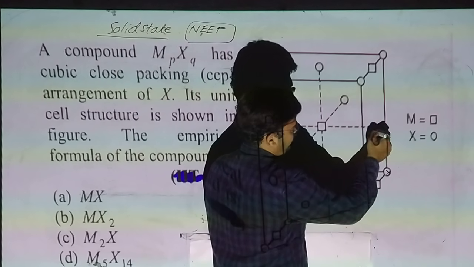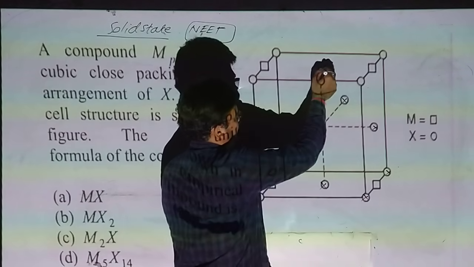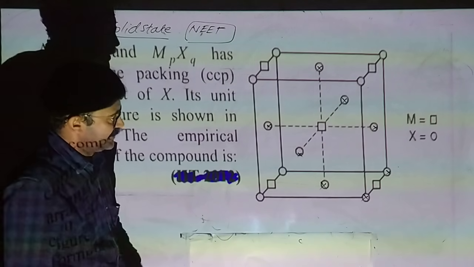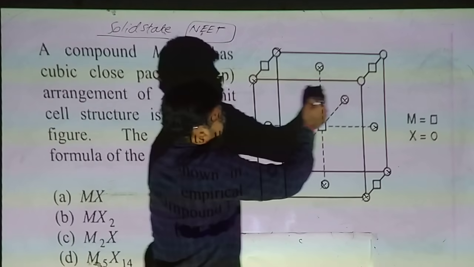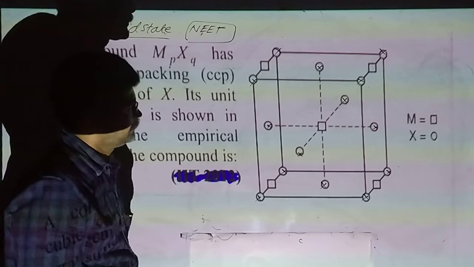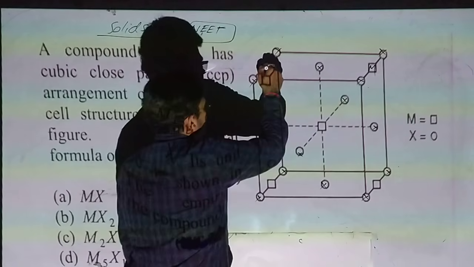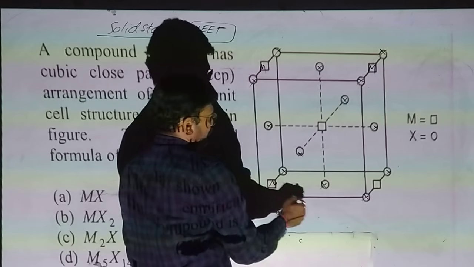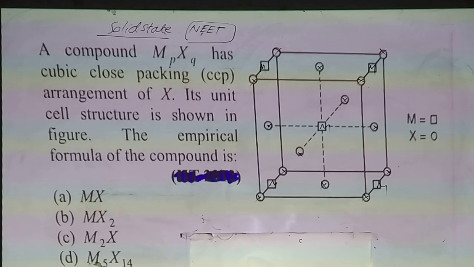So here X are present, 6 X on the face center. Another 8 are on the corners of the cube, and the square is our element M. But only 4 are present on the edges and one of them in the center of the cube.